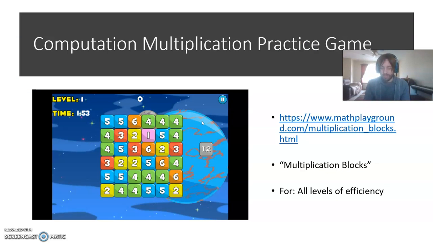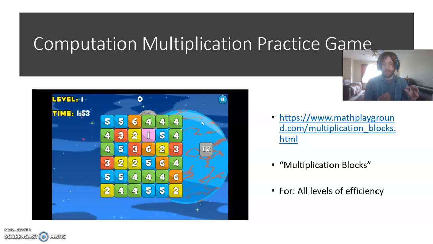For students of all levels, they can practice their computation via this multiplication game, multiplication blocks. Students will get a number on the right hand side in gray, and then they have to multiply these blocks to get that number. So on the right hand side, in the bottom, 6 times 2 equals 12.